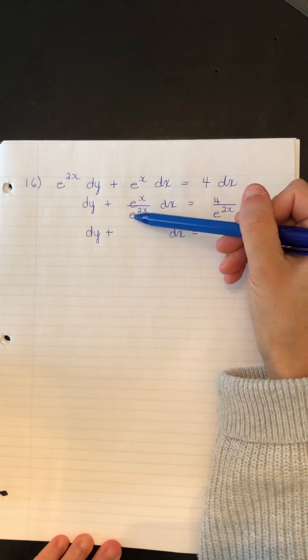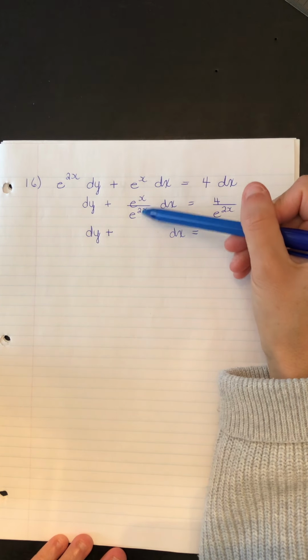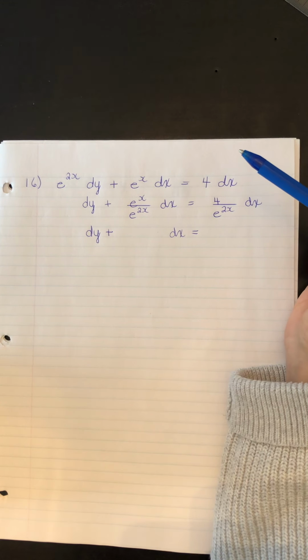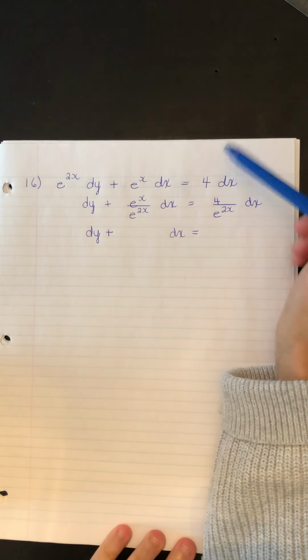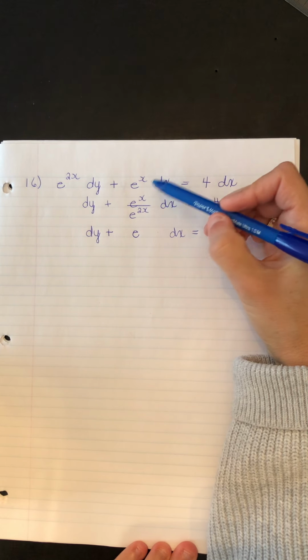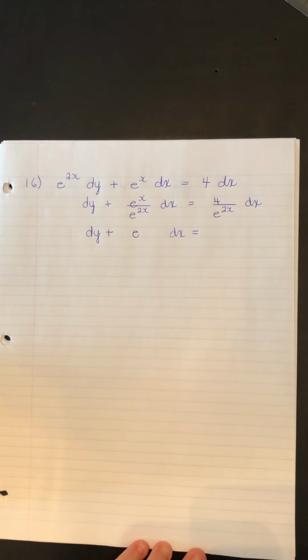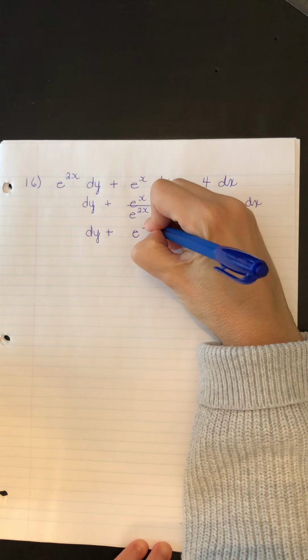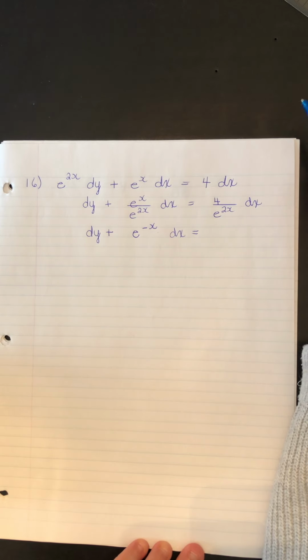The base happens to be the number e. But when you divide powers of the same base, what do you do with the exponents? You subtract them. So here, the new exponent is x minus 2x. And x minus 2x is negative x. Okay, it's 1x minus 2x, so it's negative 1x.